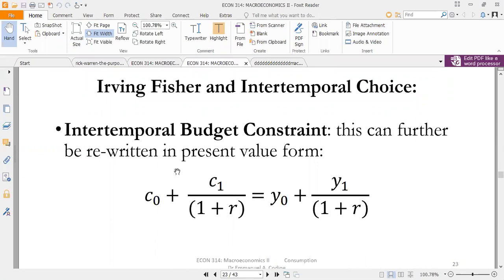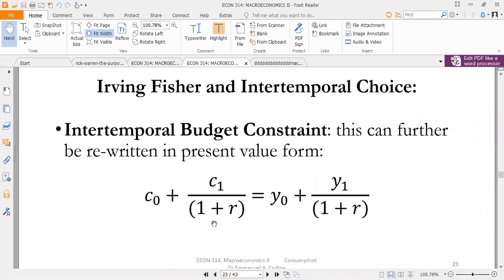So what this means is that when you find the present value of your lifetime consumption, it should be the same as the present value of your lifetime income. Okay, C0 will be C0 without any discounting factor because it's in the current period, it's in the present period. Y0, the same thing, but we have to discount the future value, that's future consumption and future income.